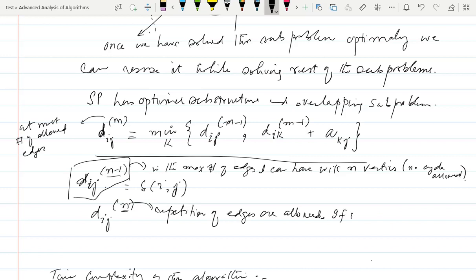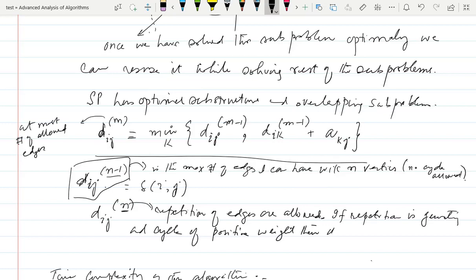If repetition is generating a cycle, which of course it does, and a cycle of positive weight, then it will never be picked by Bellman-Ford, because I can always find a better path by removing this cycle from my path.